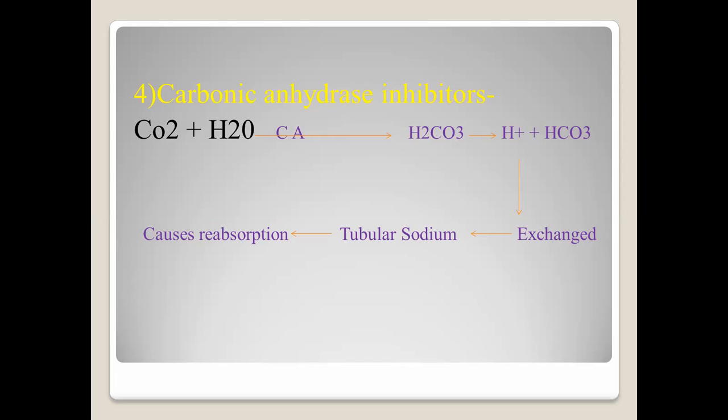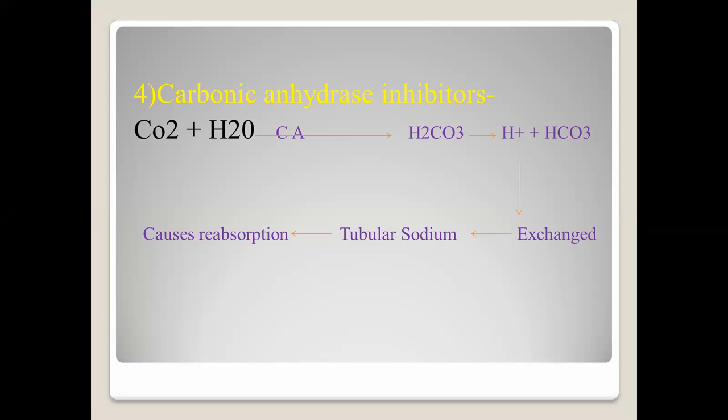Carbonic anhydrase inhibitors stop the conversion of carbon dioxide and water into carbonic acid. That's why there is no disintegration of carbonic acid into bicarbonate and free hydrogen ion. So there is no availability of free hydrogen ion, no exchange of Na+ ion takes place, and no reabsorption. That's why diuresis occurs.